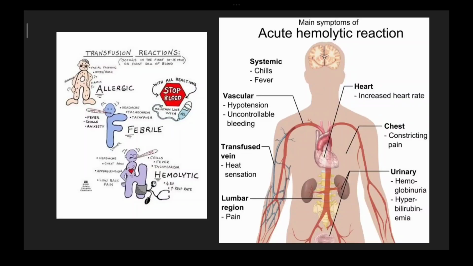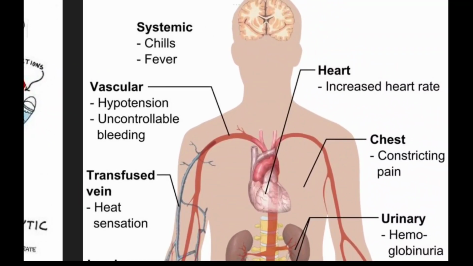Now the transfusion reactions can be studied as acute and delayed hemolytic reactions. In acute hemolytic reactions, the main symptoms are shown in the diagram. Systemically, one has fevers and chills.